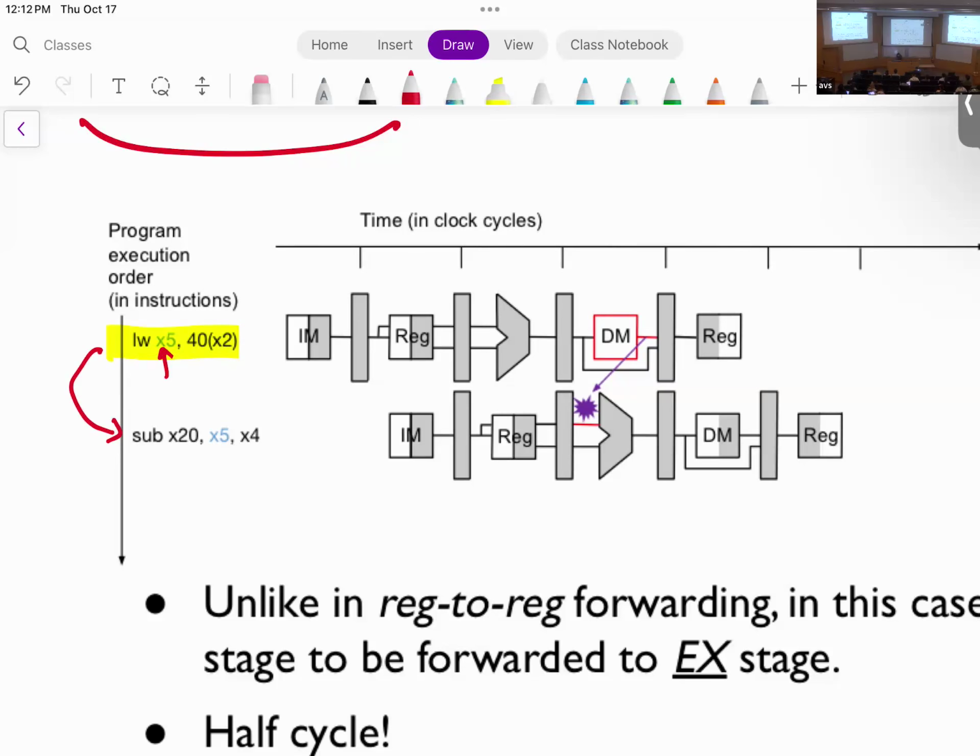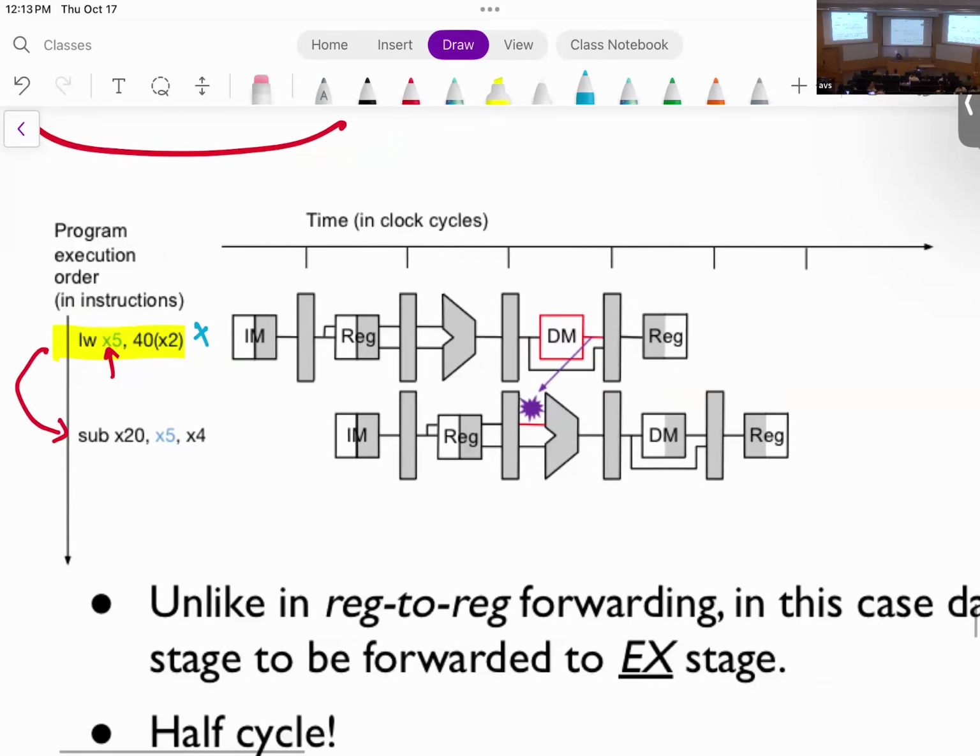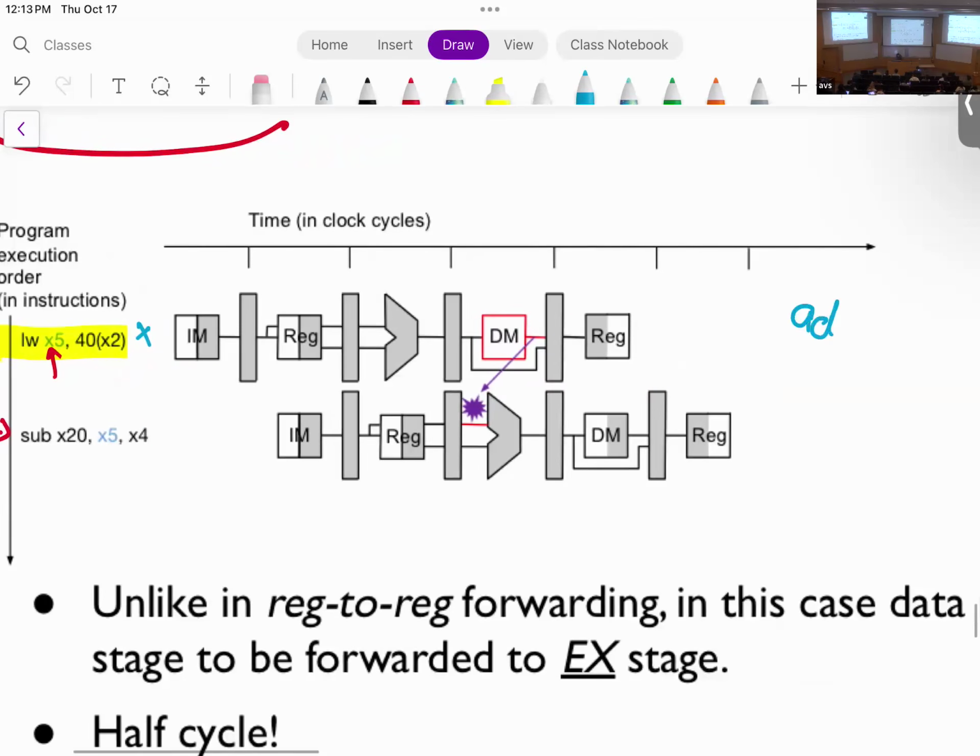So what happens is that the difference here, versus, for example, if I had add X5, X1, and X2, is that in that case, the value would have been available at the end of the execution stage. In other words, at the beginning of the memory stage, I had my correct value.